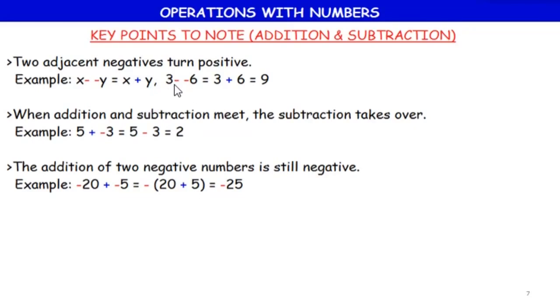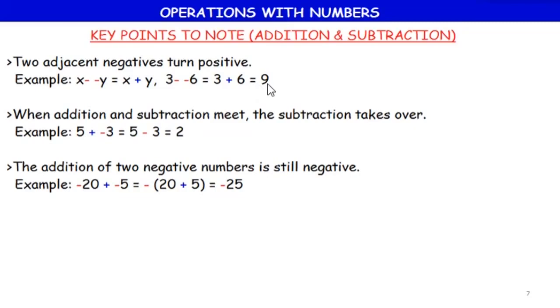So here, 3 minus negative 6 is going to give you 3 plus 6. The two negatives that are meeting here are going to metamorphose into the addition operation. So you are going to have 3 plus 6, which is equal to 9.